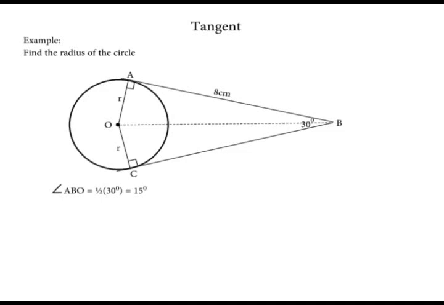That is the angle formed between the radius and the tangent at the point of contact. And therefore, AOB is a right-angled triangle. Using trigonometric ratios, tan 15 degrees is equal to R over 8. That is opposite over adjacent. R is equal to 8 times tan 15 degrees, and that gives us 2.14 centimeters.